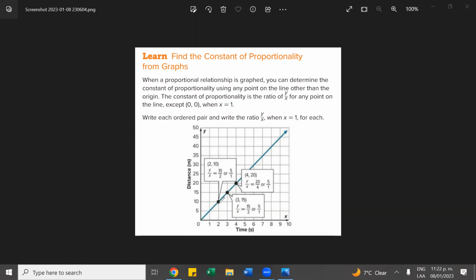Okay, so if you see, we're going to write the relationship of this point right here, the first one. Okay, y is these numbers right here, and x would be any of these numbers right here, in the horizontal line.